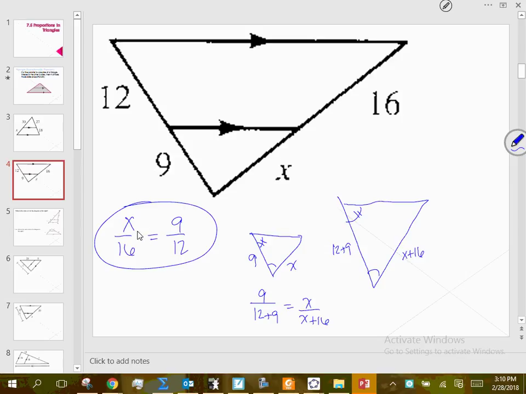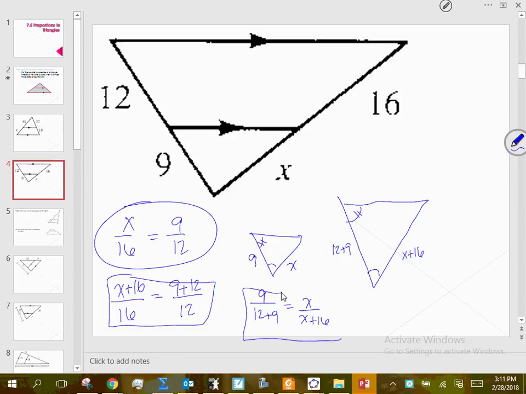I guess what we said was we take the denominators and add them to the numerators, right? We can do that. I can take this denominator and add it to that numerator. If I do that, I get x plus 16 over 16, right? Take this denominator and add to that numerator, and I get 9 plus 12 over 12.